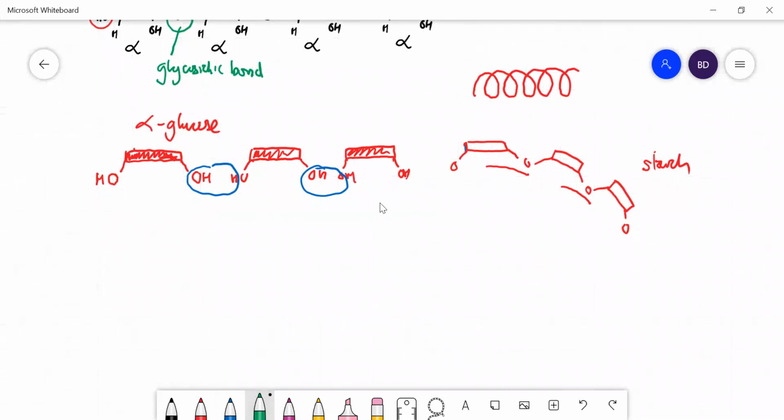Here you have an OH there, and this one, the OH is sticking up here. In order to polymerize into cellulose, you need to get one that way up, and then the other one next to it is going to be upside down in relation to that.